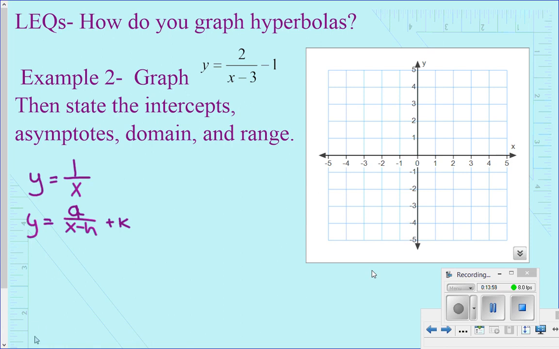So looking at that here in this equation, we can kind of see how this graph would have been shifted. So I know that minus 3 means 3 to the right, and I know that minus 1 on the end means down 1. So if you think about what I just said, that will actually help us to get the asymptotes, and the asymptotes will then help us to get the rest of the graph.